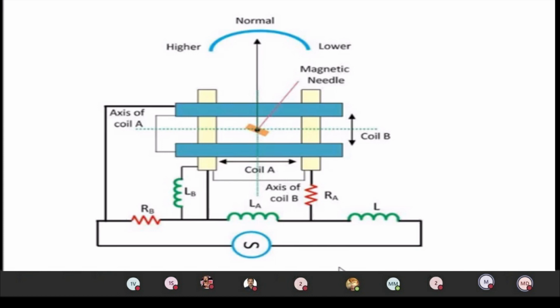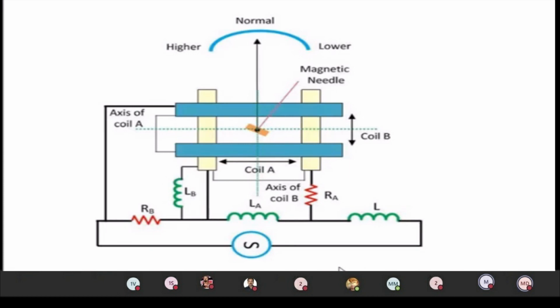The nature of impedance is that it will try to block the current. So due to this reason, more current will flow through coil B when compared to coil A. Due to the highest impedance in coil A, very less current flows through coil A and more current flows through coil B. We have already discussed that the magnetic flux strength depends upon the amount of current flowing inside the coil.